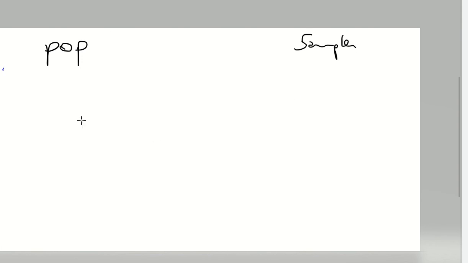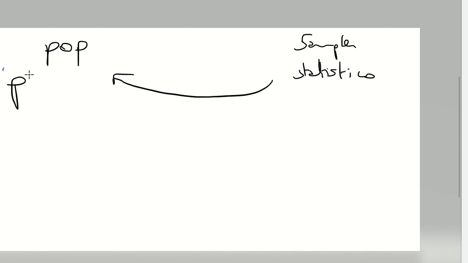And remember, the role of the statistics is to estimate the population parameter. Okay? So you have population parameters that we don't know the value of, and the role of the sample statistics is to estimate them.